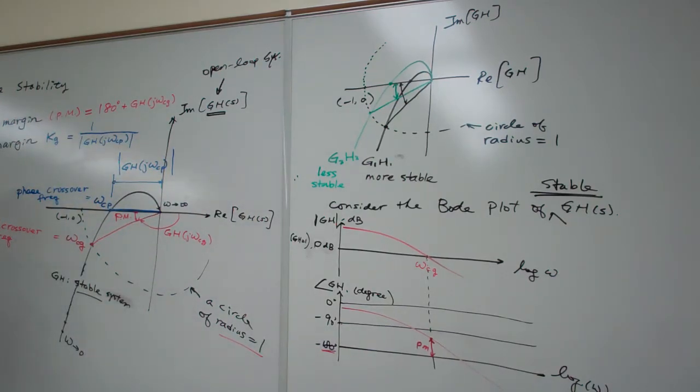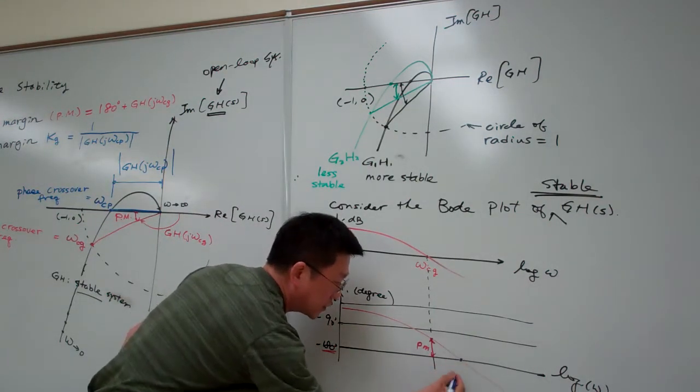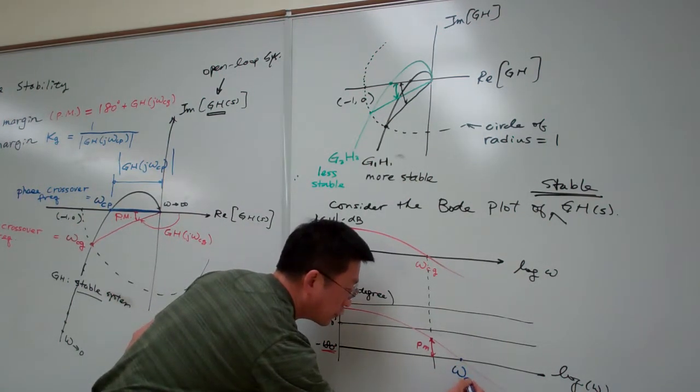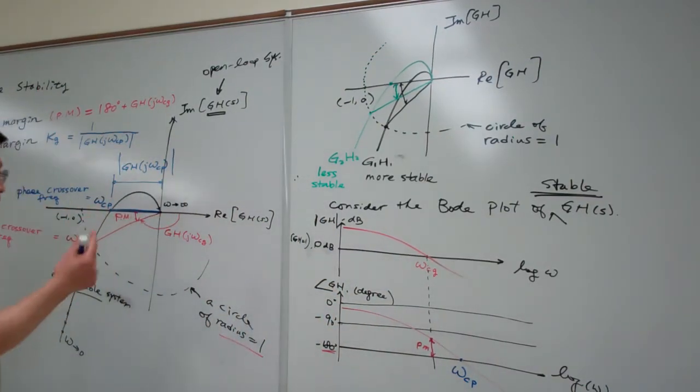Gain margin is to measure the magnitude at the point where the corresponding angle is minus 180 degrees. So here, the cross section here is defined as the crossover of the phase. Okay, so the phase crossover frequency.